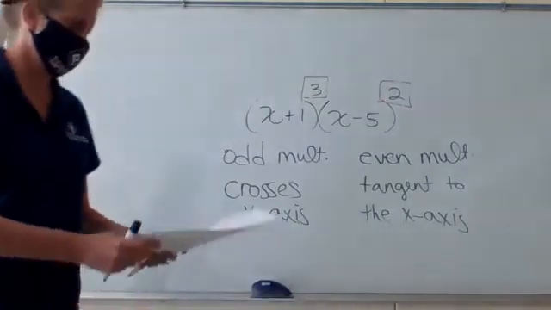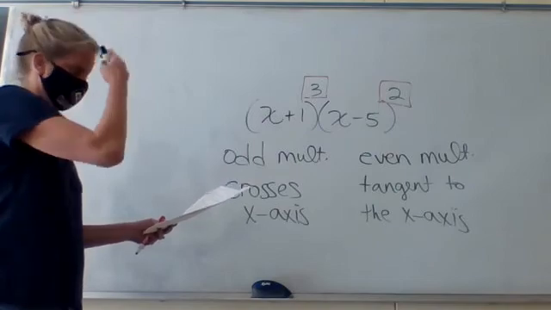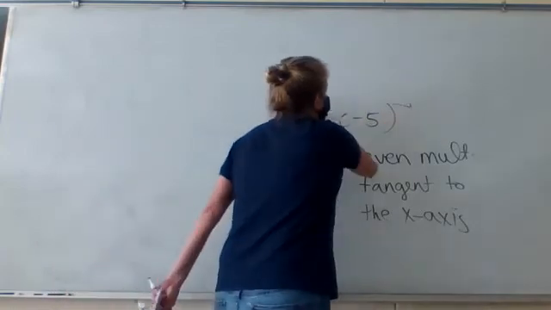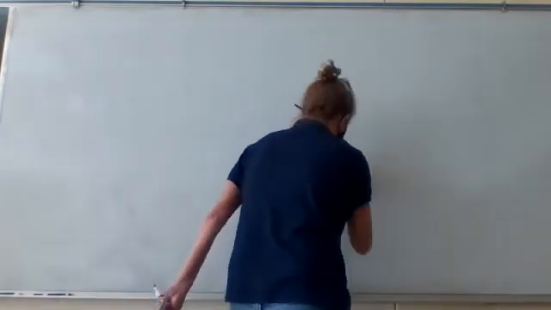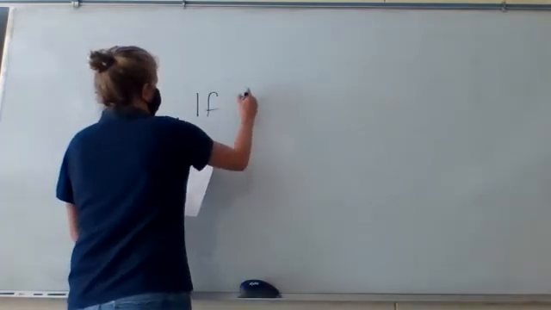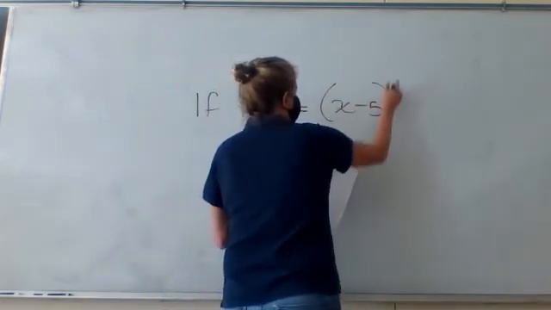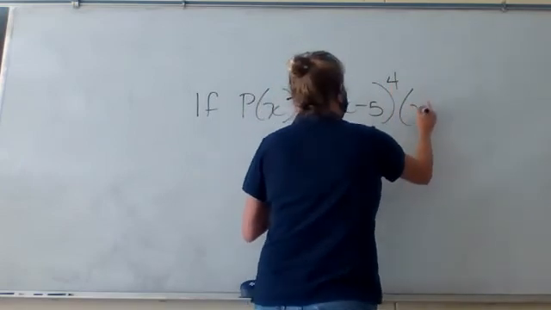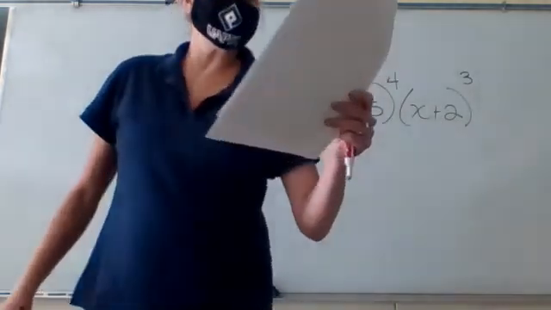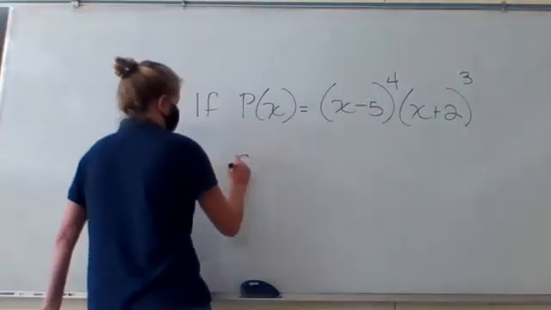So, looking at number 11. Says if p of x equals (x minus 5) to the 4th, (x plus 2) to the 3rd, then the graph of the function crosses the x-axis at (5, 0).